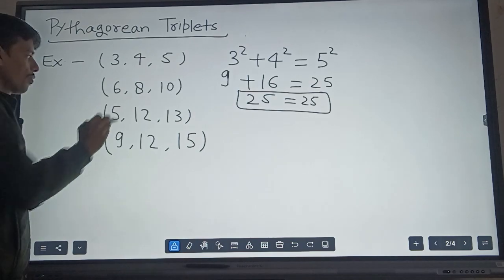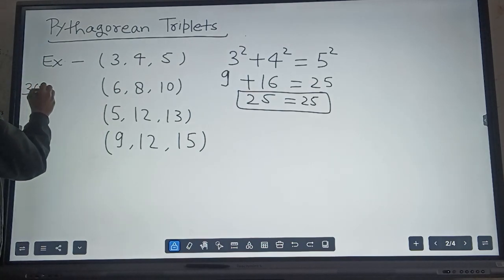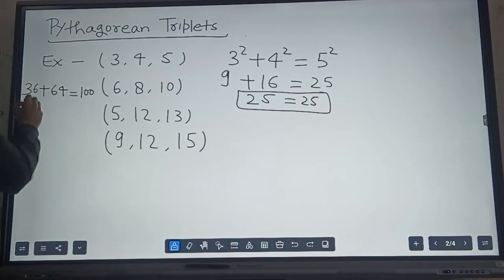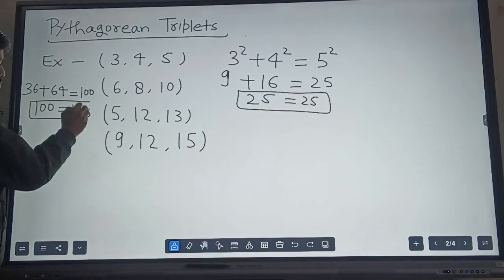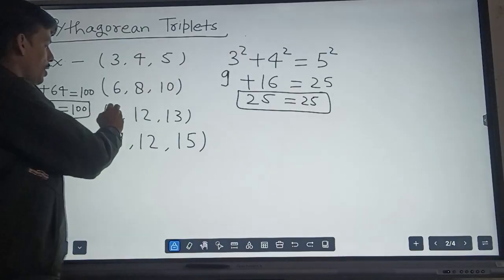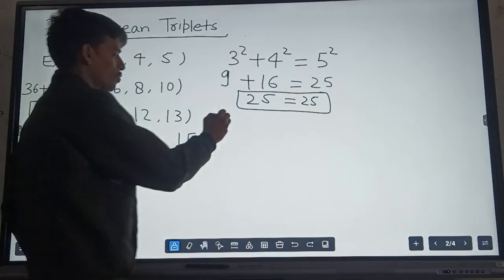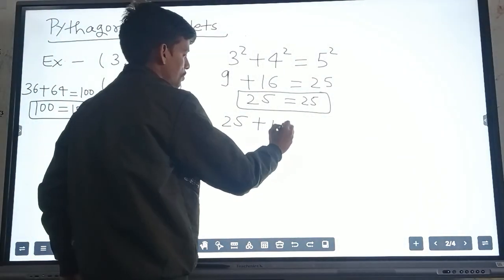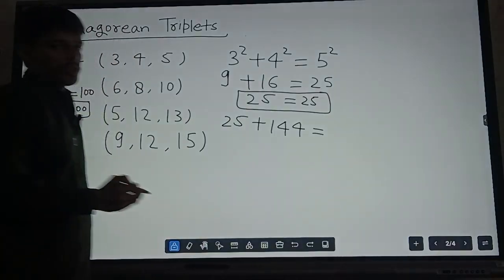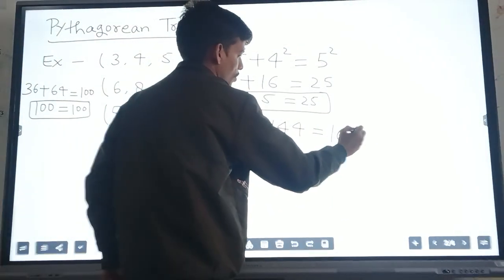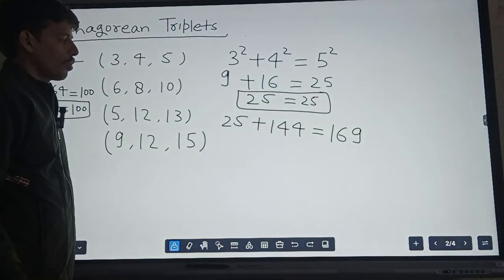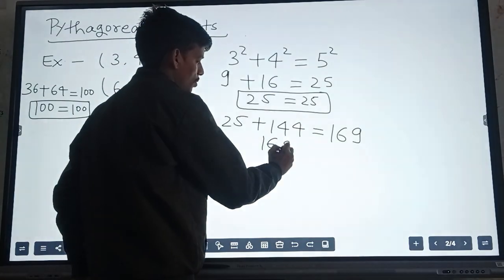Similarly, 6, 8, 10. 6 square 36 plus 8 square 64 equal to 10 square 100, and 36 plus 64 equal to 100. So it also follows Pythagoras theorem. Here 5, 12 and 13. 5 square 25 plus 12 square 144 equal to 13 square 169. Now the sum of 25 plus 144 equal to 169.